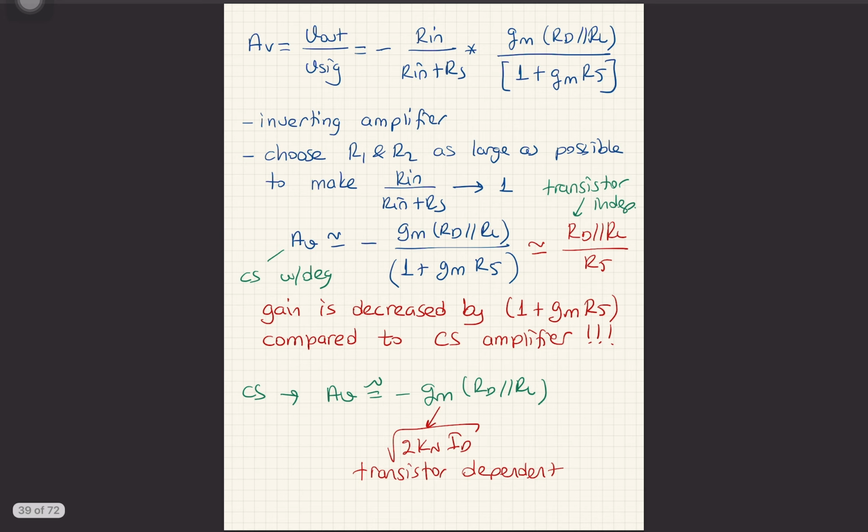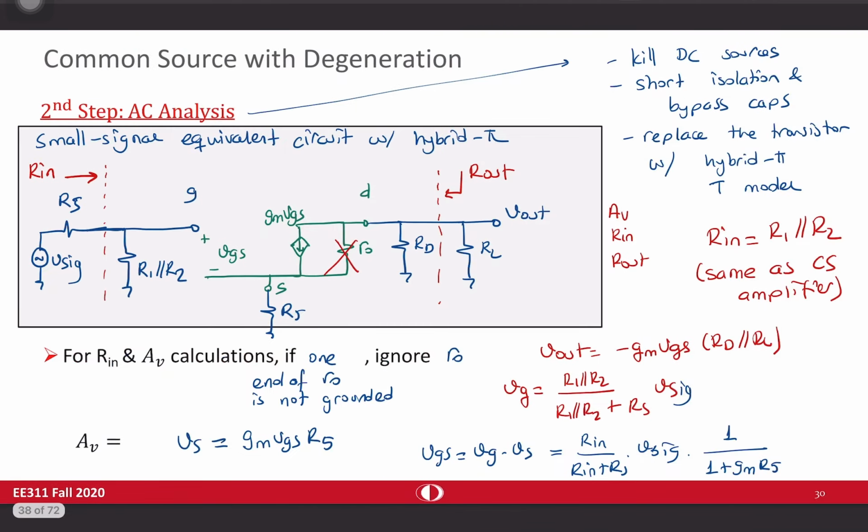While dealing with this, one last thing that we should find is the output resistance. For Rin and AV calculations, you can ignore ro, but for output resistance, you shouldn't ignore it.